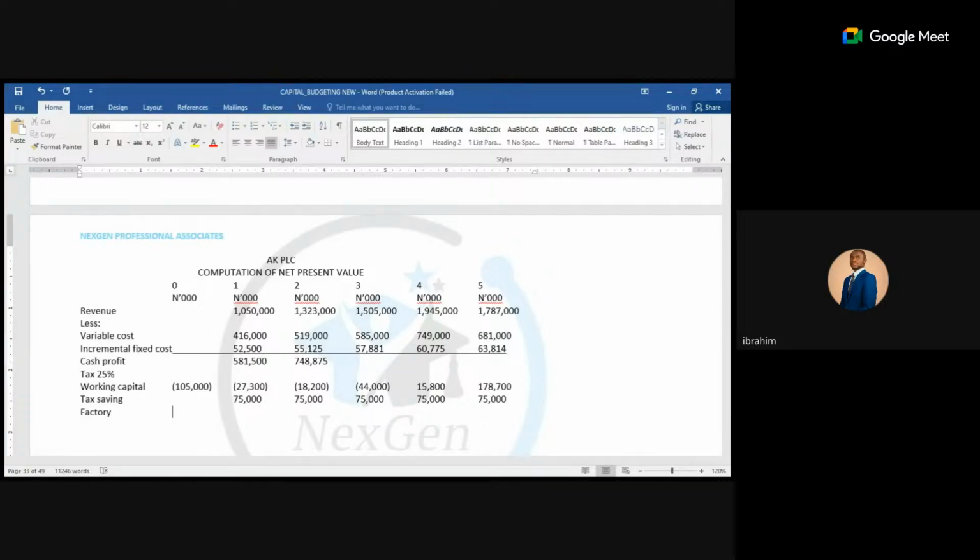So before we have the factory, you just put the 1.5 billion as the plants, as well as the acquisition of the factory, which is 500 million. So class, are we good?